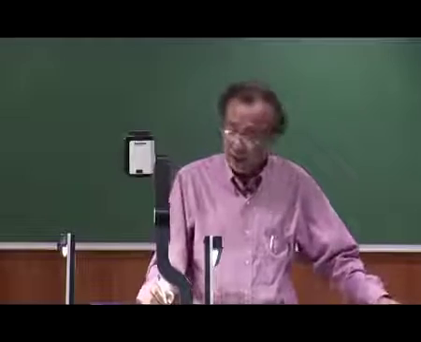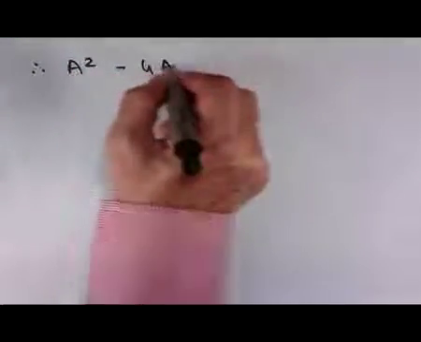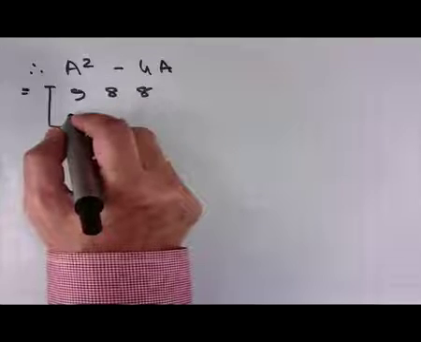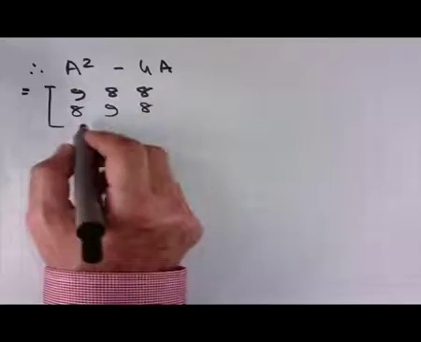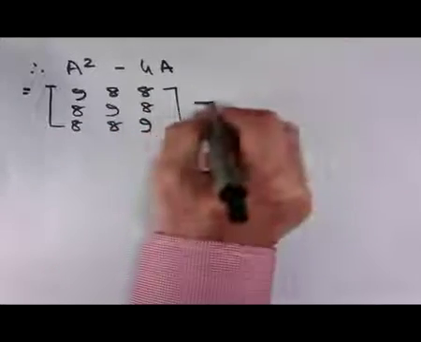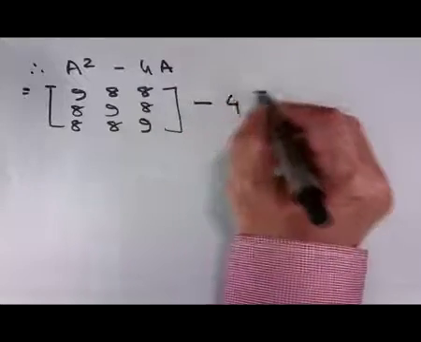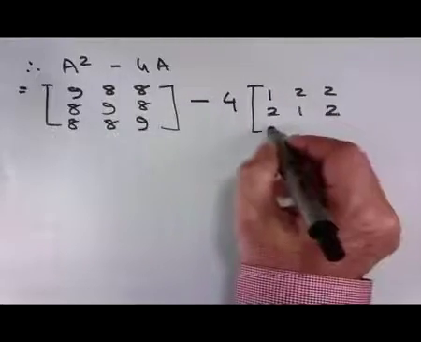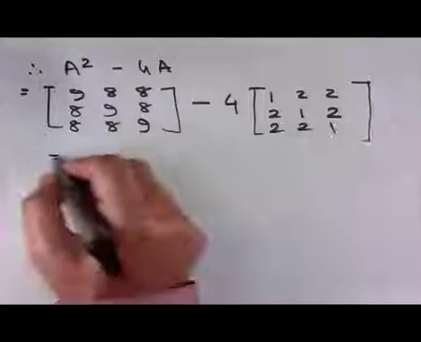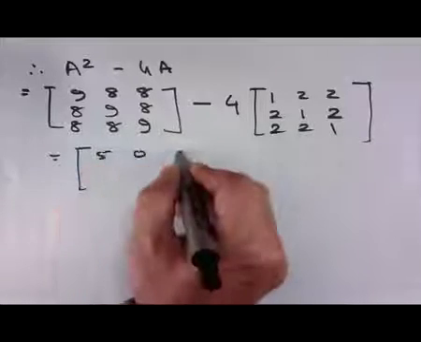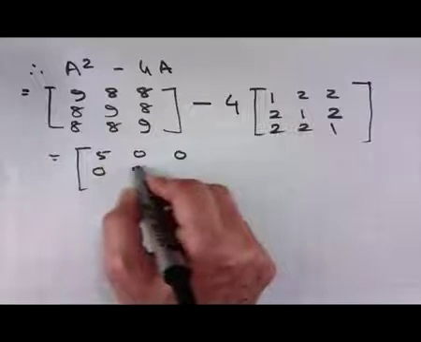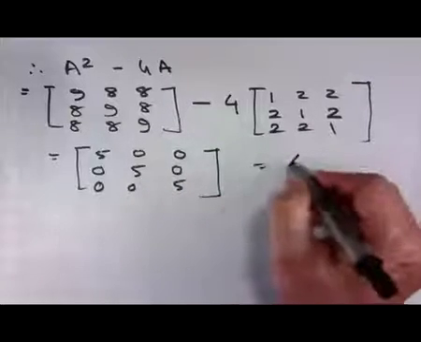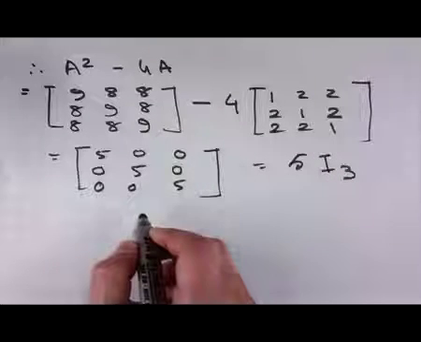Therefore, A square minus 4A is equal to 9 8 8, 8 9 8, 8 8 9 minus 4 times 1 2 2, 2 1 2, 2 2 1, which is equal to 5 0 0, 0 5 0, 0 0 5, that is 5 times the identity matrix of order 3.